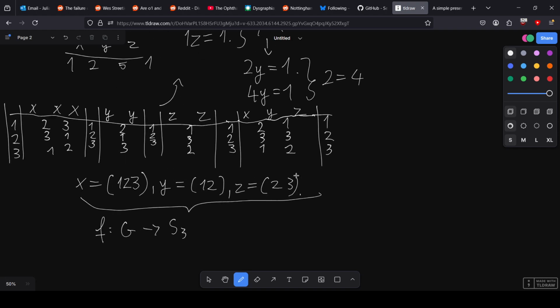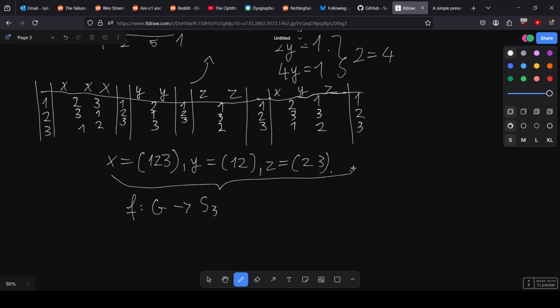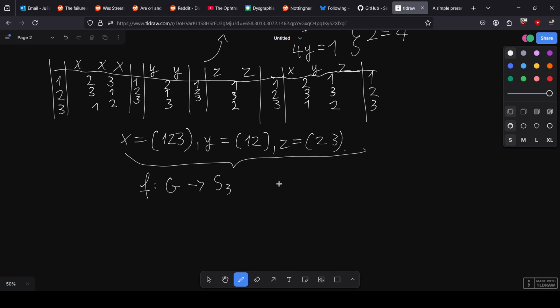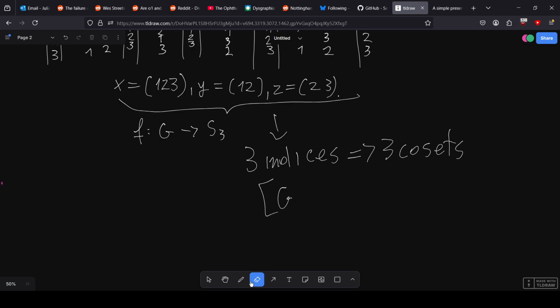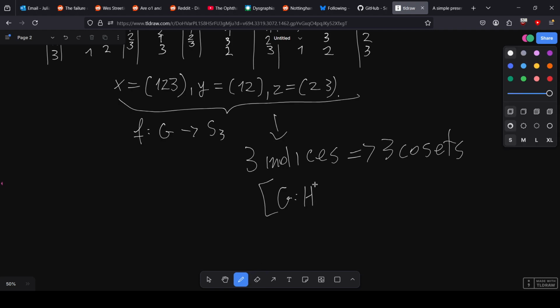But ultimately what this proves very nicely is that there are 3 cosets. But that gives us that the index of H in G is equal to 3.